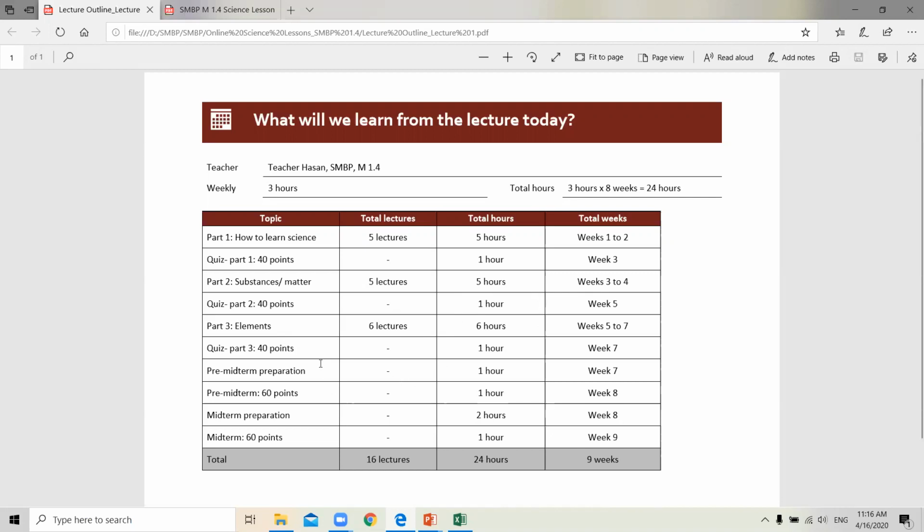And after we finish the lessons for elements, we'll have a quiz for 40 points for 1 hour in week 7. And then we'll have midterm preparation. We will use at least 1 hour from our science lessons, and that will happen in week 7. And after that, we'll have a pre-midterm for 60 points for 1 hour in week 8.